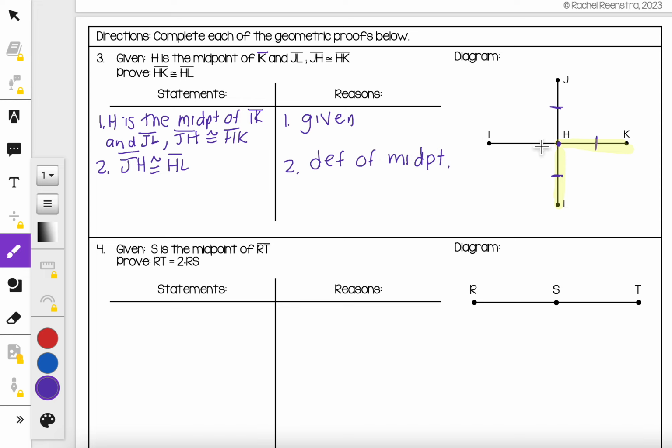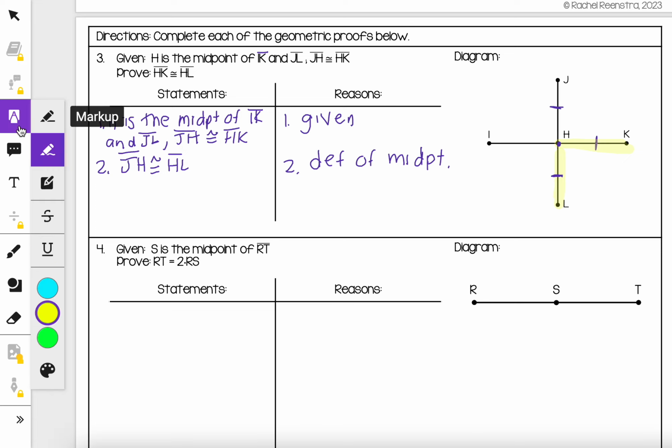Now, I could also say that segment IH is congruent to segment HK by the definition of a midpoint because I know this point H is a midpoint of both segments, but I actually don't even need to put that in my proof because I already have enough information at this point to prove that segment HK is congruent to segment HL. All right, and that's by using that transitive property.